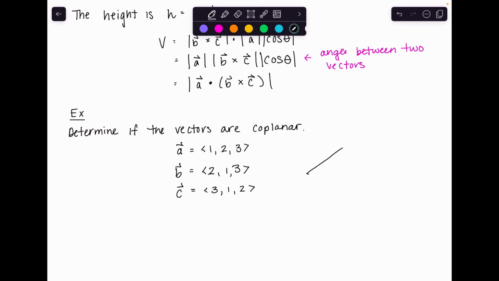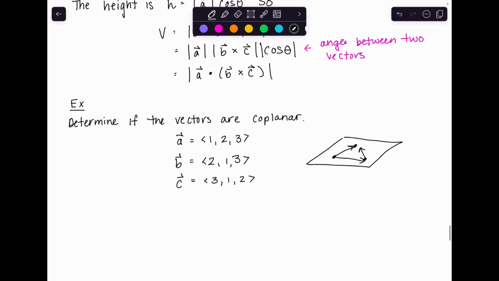Now, coplanar means they all lie in the same plane. So if that's the case, here is our plane, and all 3 points, or all 3 vectors, are in here. Now, the way I can relate this to the triple scalar product or the volume of a parallelepiped: if things are coplanar, that means they're in 2 dimensions. So if I go to find this volume of the parallelepiped, it should be 0 because it's not 3-dimensional.